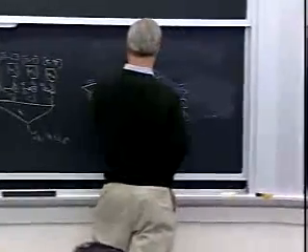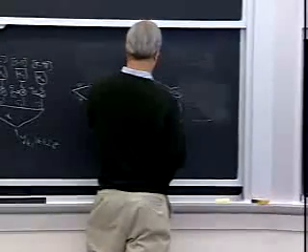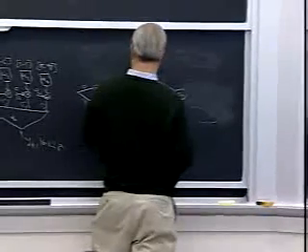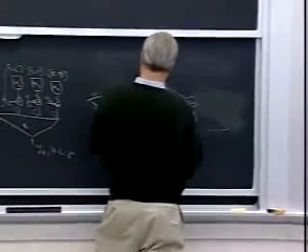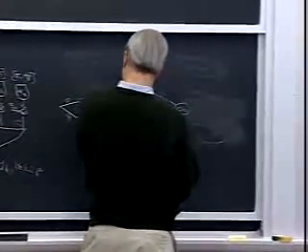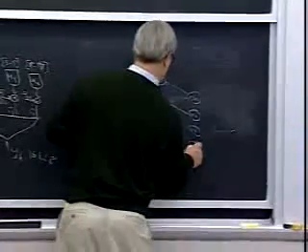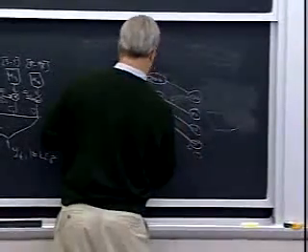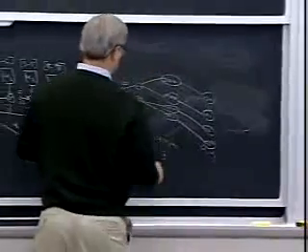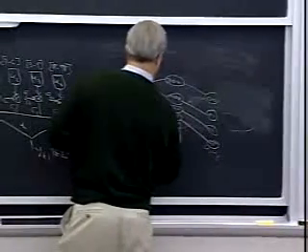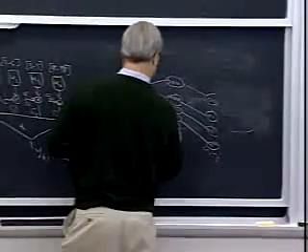U1, U2 has to be 0, 0, 1. So this would then go to 0, 1. 0, 1. These seem to cross. Yes, they do cross. So let's see if I can actually complete it.